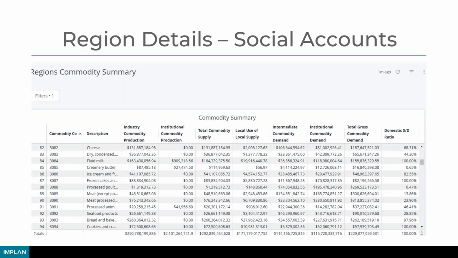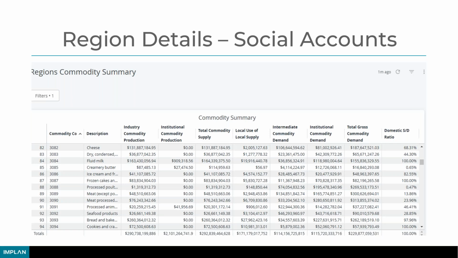So the first one I wanted to look at is the commodity summary tab. And what this is doing is lining out a number of pieces of information about specific commodities that are being produced in that region. So how much, again, bread and bakery products, line 93, is producing, we're looking at $260 million worth of that product, or that commodity, being produced in the region by industry.